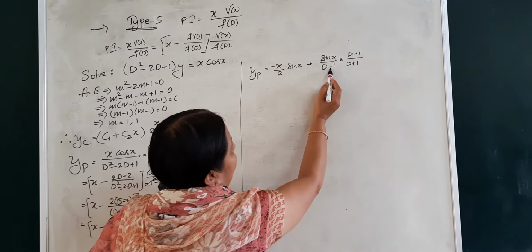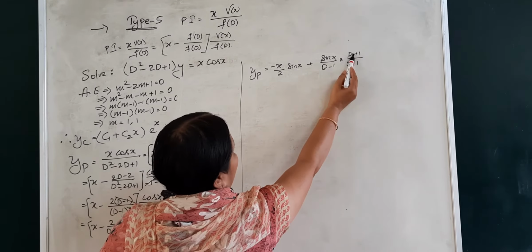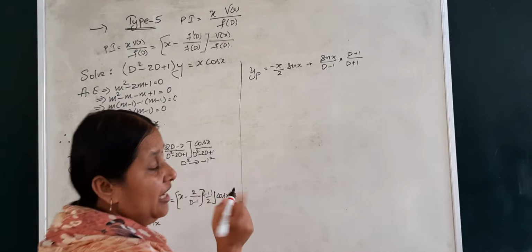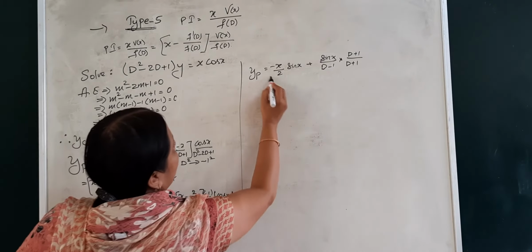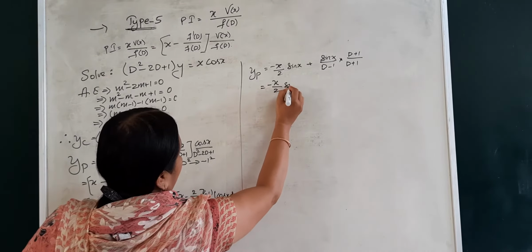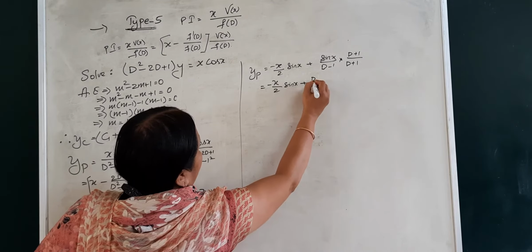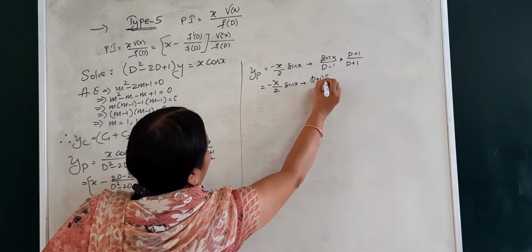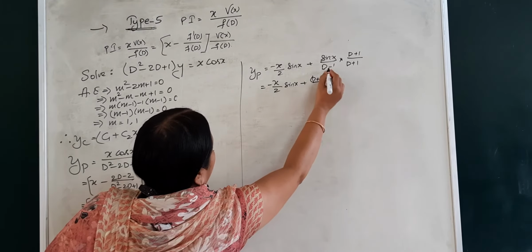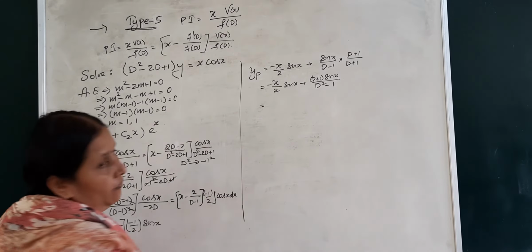Okay, so what I did, I took the conjugate of D minus 1, which is D plus 1, multiplied and divided by this. Be careful in this step, and there is no change in the first step. It will be as it is. Okay, now plus, we have D plus 1 times sin x divided by D minus 1 into D plus 1, which will be D square minus 1.